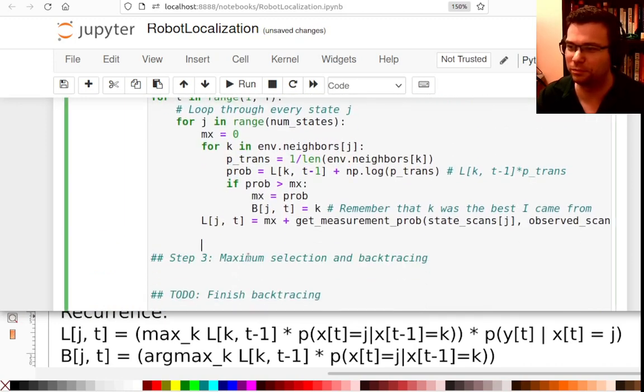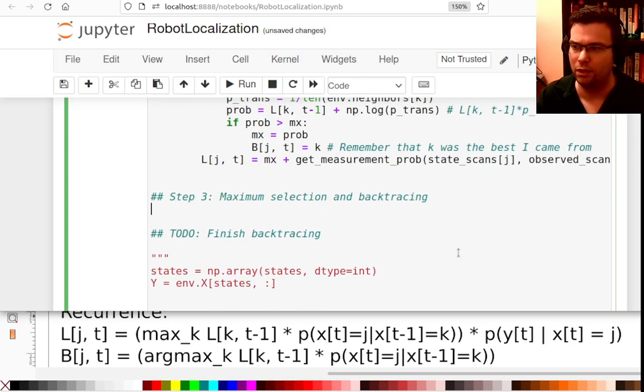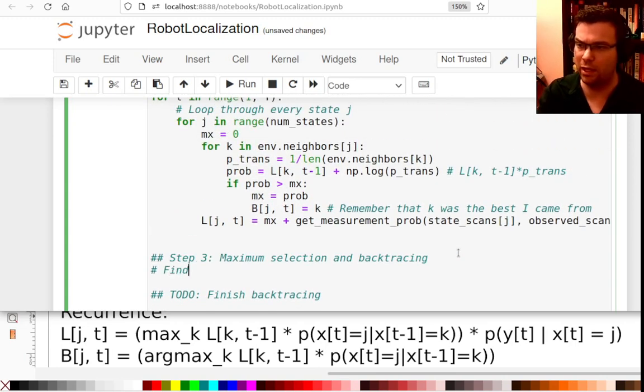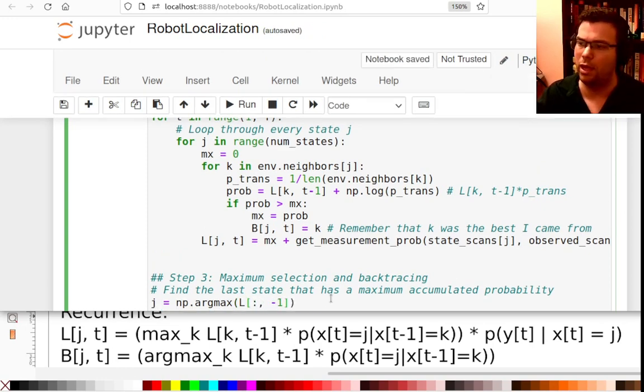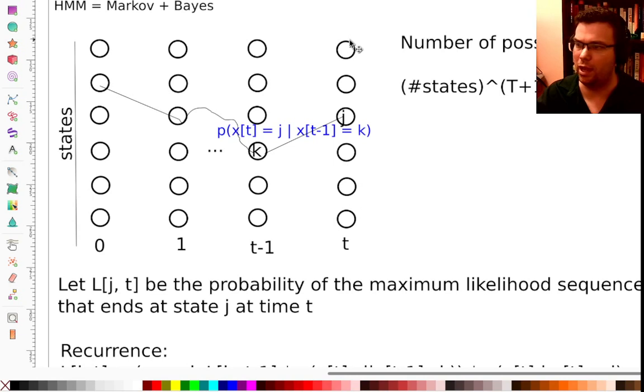So let's now do the backtracing. So what I want to do is find the last state that has a maximum accumulated probability. So I'll start with my state J being argmax of the last column of L. So it's like, okay, I'm at the end.